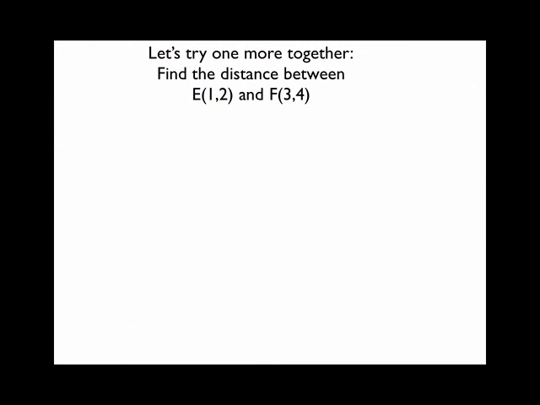Let's try one more together. Find the distance between the point (1, 2) and the point (3, 4). What's going to be our first step? You're right. We're going to write down our distance formula. Second step, substitute the given numbers into our formula.